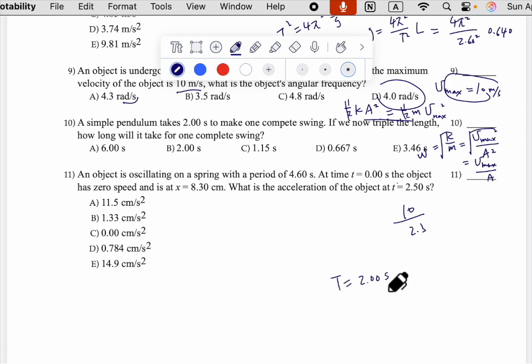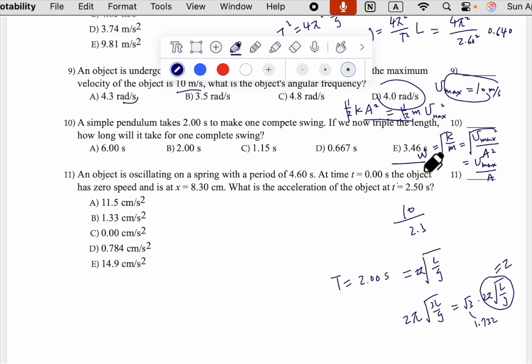If we now triple the length, T equals 2π√(L/g). Tripling the length means this equals √3 times 2π√(L/g). This is 2, so 2 times √3. The square root of 3 is 1.732, so 2 times that is 3.4.